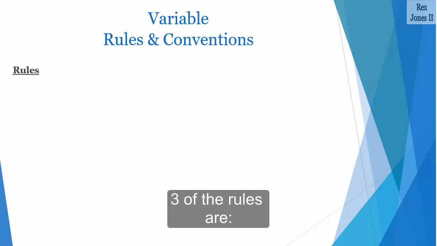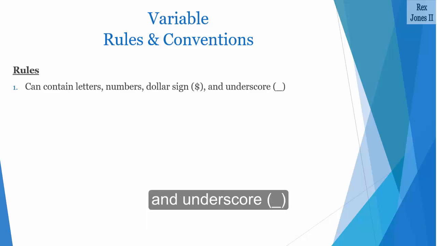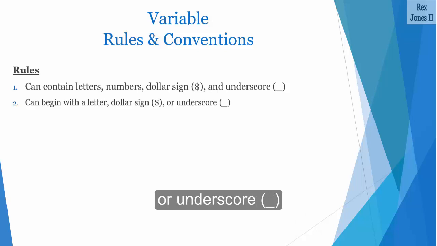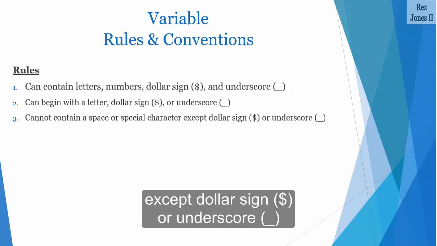Three of the rules are: 1. It can contain letters, numbers, $, and underscore. 2. It can begin with a letter, $, or underscore. 3. It cannot contain a space or special character except $, or underscore.